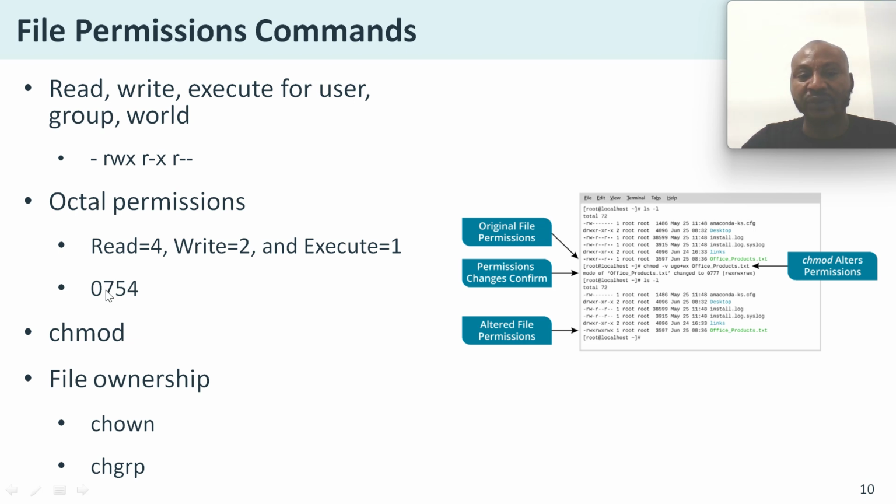That means the first one here, which is the user, since the order is user, group, and others, has 7, meaning this user has read, write, and execute permission. Then the 5 is 4 plus 1, which means the group has read permission and execute permission. Remember, this first one is what?